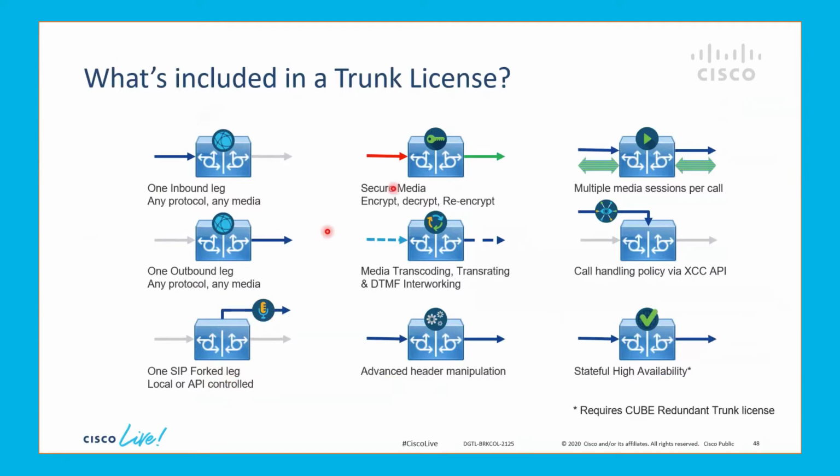Trunk license also allows you to do media encryption and decryption, audio codec transcoding, translating, DTMF interworking, SIP header manipulation, and you can have multiple media sessions per call. You can also utilize the underlying UC Gateway Services API, and then you can have stateful high availability, which basically is Cube HA active standby call preservation. That will be the redundant trunk license. So this should give you a good idea what's included in a Cube trunk license.